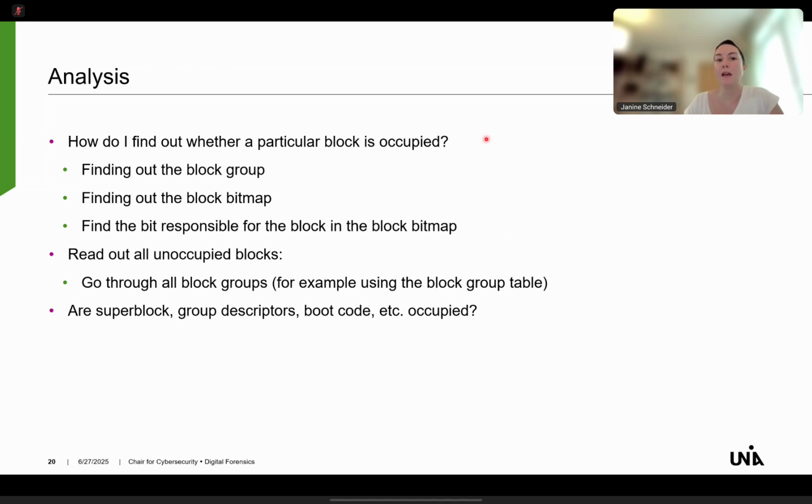And then we have the block status, so that's how we can find out if a certain block is allocated or not. In cases where we want to find out which blocks are currently not allocated, we go through every single block group, check the bitmap and see the allocation status, and then we know which blocks are currently not in use.